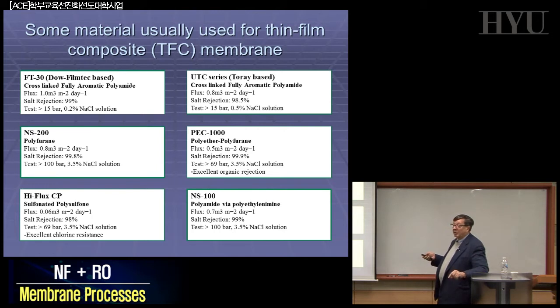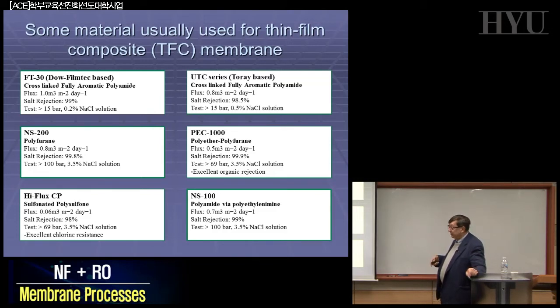However, another way of doing it is to use a traditional membrane as a support, and on this support to create another very thin film of another material. And this is what we call composite membrane, and thin film composite membrane, TFC. Most of the membranes utilized today industrially are of this kind of configuration.